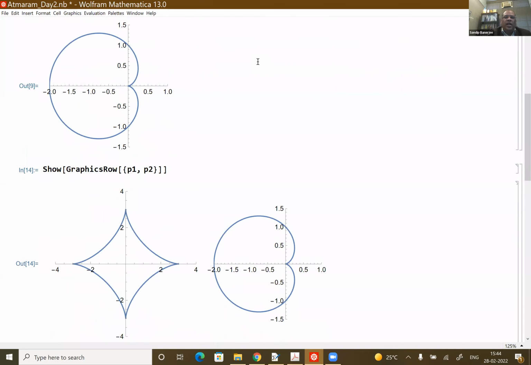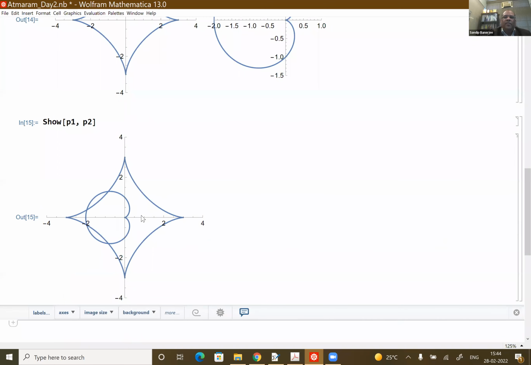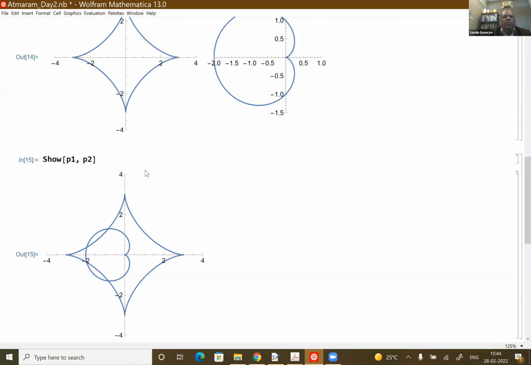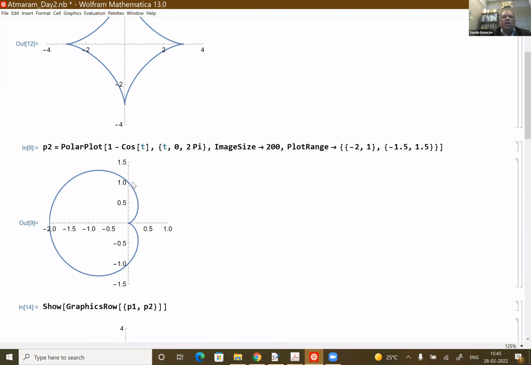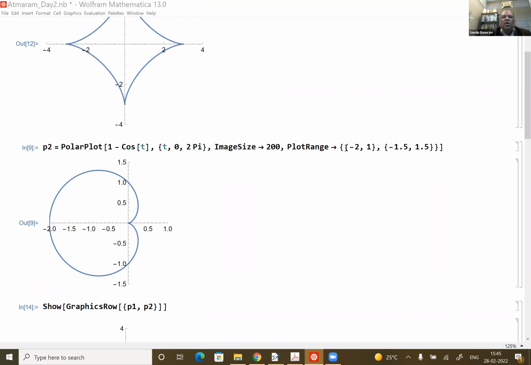So if you do that, then you get exactly this figure. By measurement, I couldn't understand what you mean by the measurement actually. If you mean that this should fit inside this, or do you mean this plot range by the measurement?